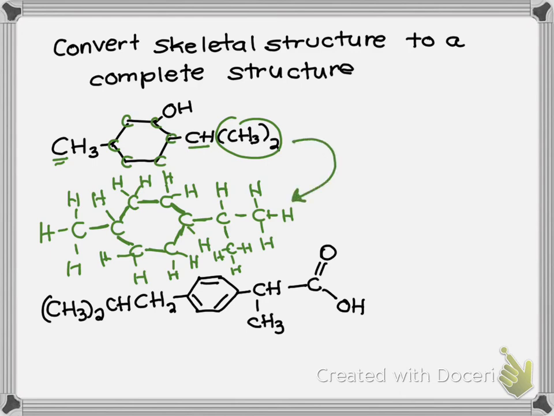And it's not a beautiful picture, and so it kind of is a sales pitch for skeletal structures. But if you're trying to consider the shape, since you need to know the number of atoms and lone pairs around the atoms that it's pointing at, then you'll need to think of it in terms of its complete structure.